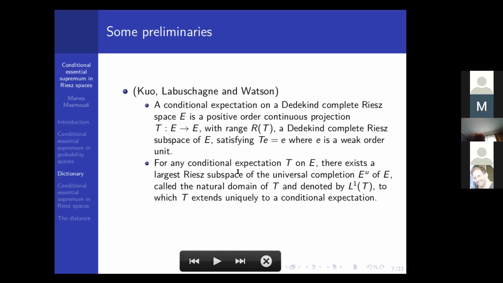They proved that for any conditional expectation T on E, there exists a largest Riesz subspace of the universal completion E^u of E, called the natural domain of T and denoted by L1 of T, to which T extends uniquely to a conditional expectation.